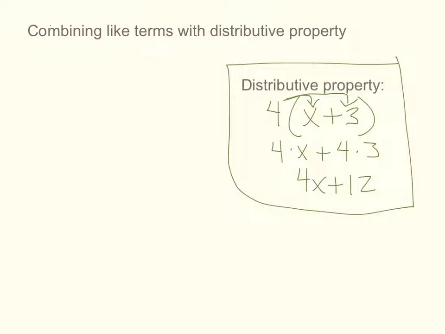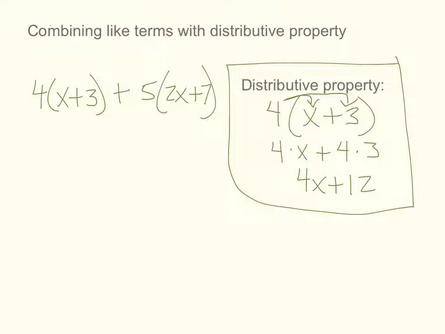Sometimes you'll see these in addition to combining like terms. For example, let's say I have a problem like 4 times x plus 3, but then there's also a 5 times, let's say, 2x plus 7. Because multiplication is before addition, I'm going to do the distributive property first, which means I'm going to do the 4 and then I'm going to do the 5.